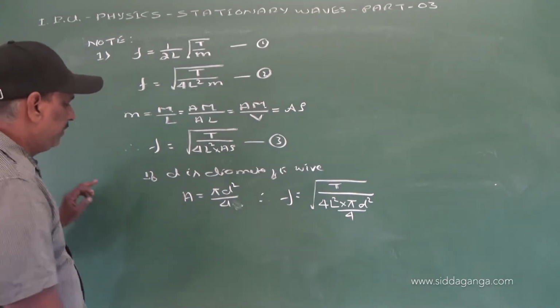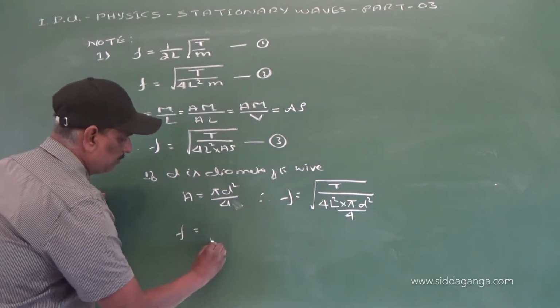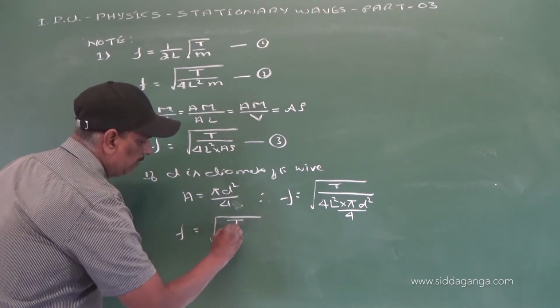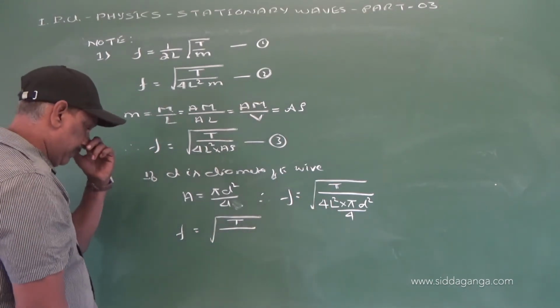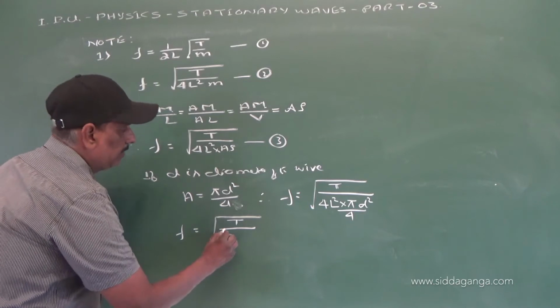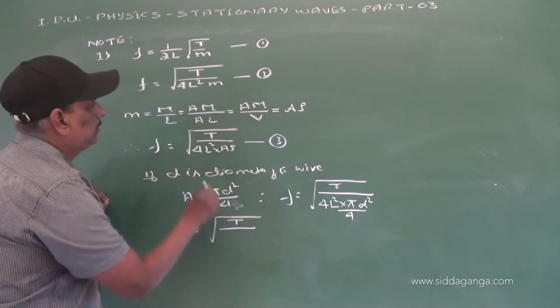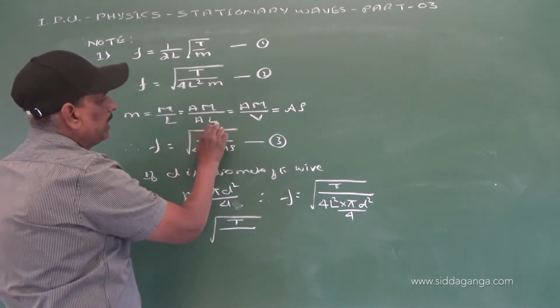So F is equal to square root of T by, this is mass per unit length into volume.